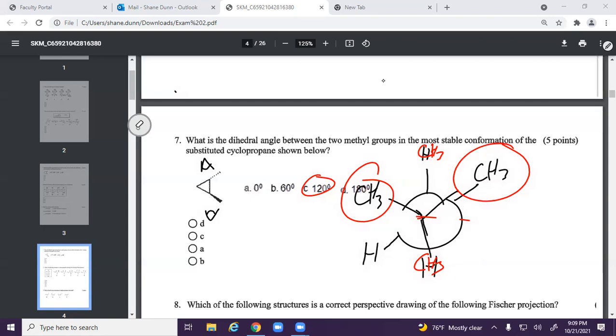Who asked the question? Do you understand it now or no? Wait, why is the CH3 above the H? Oh, because someone asked why it's not 180. 180 has to be a straight line. So I was just hypothetically showing in green, this would be an example of 180 away from each other. Or if it was here and here.